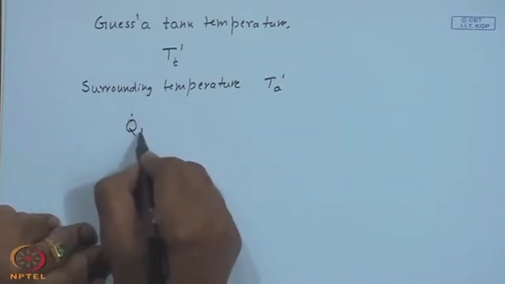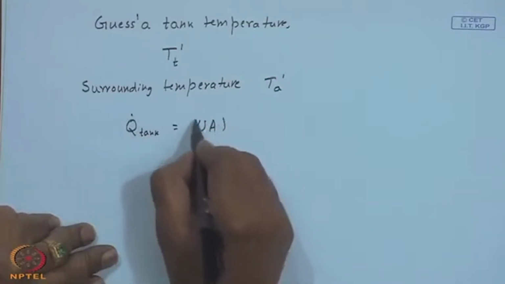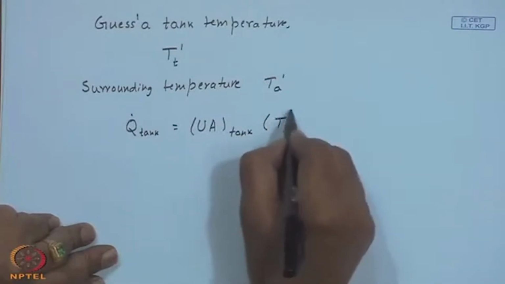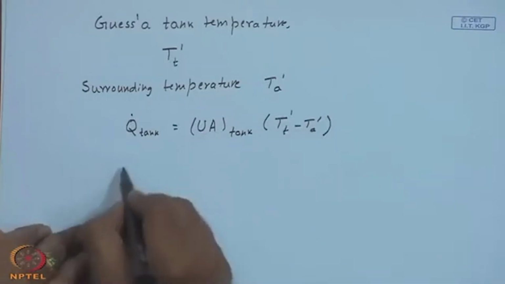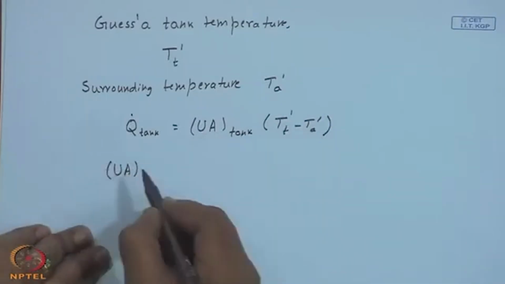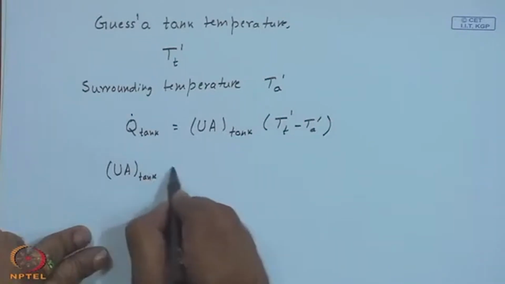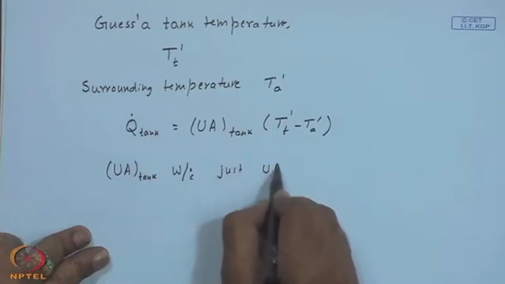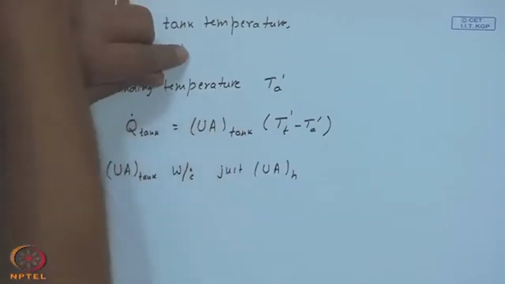So, Q dot tank is U a of the tank times T T 1 minus T a dashed. So, this U a tank is the overall loss coefficient watts per meter square degree C multiplied by the surface area of the tank. So, will be in watts per degree C, just like which we have introduced in calculating the space heating, the building heat loss coefficient U a h.